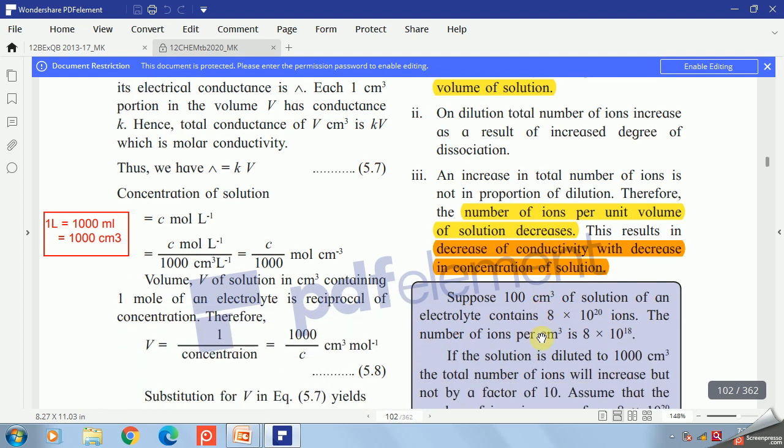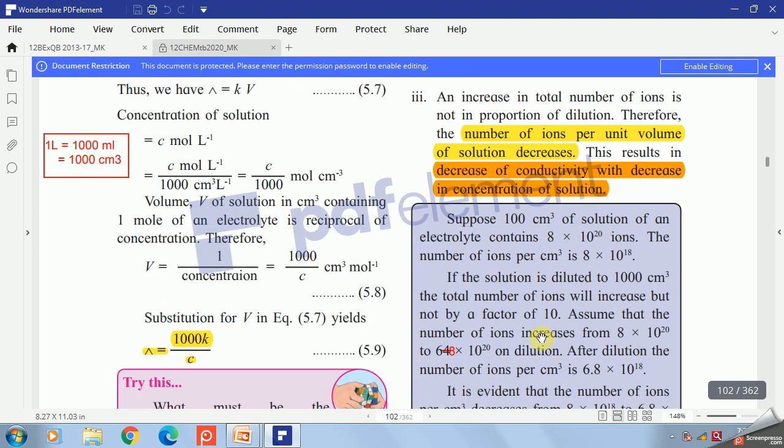Let us see an example. Suppose 100 centimeter cube of solution of electrolyte contains 8 into 10 raised to 20 ions.